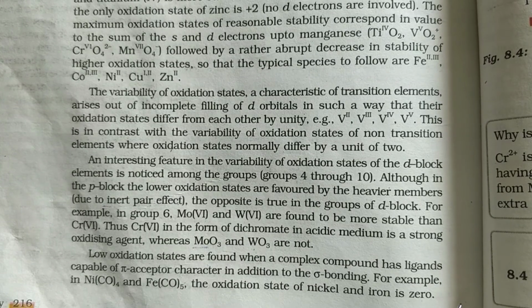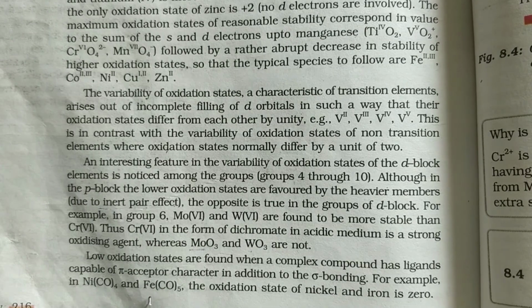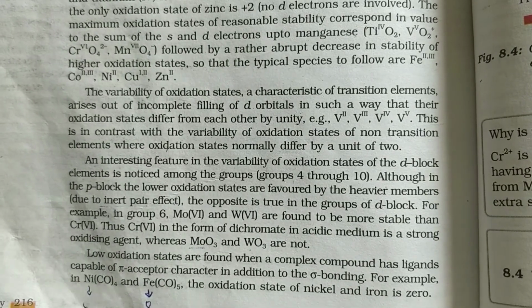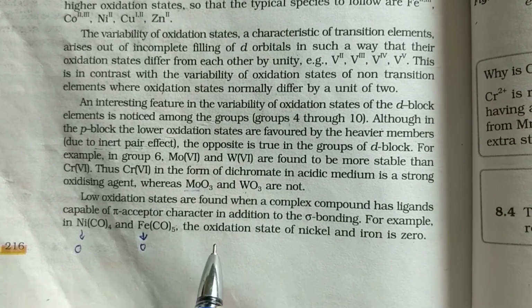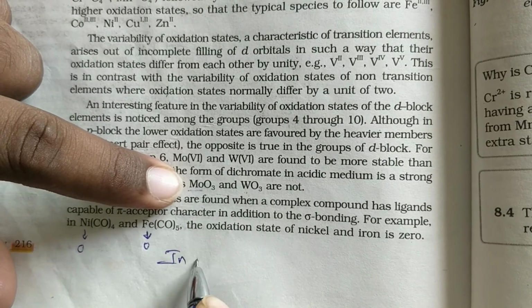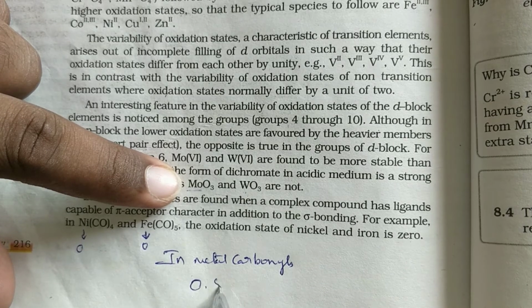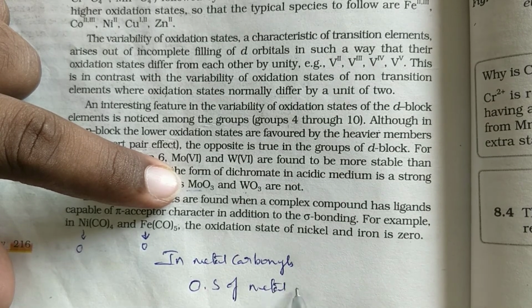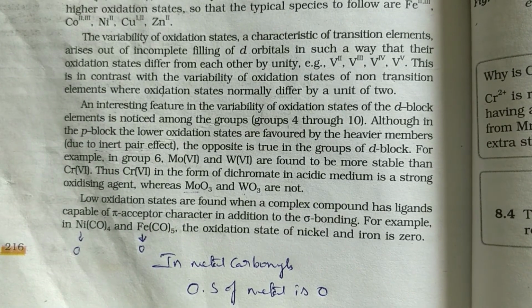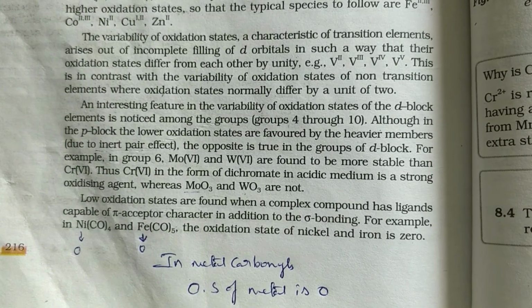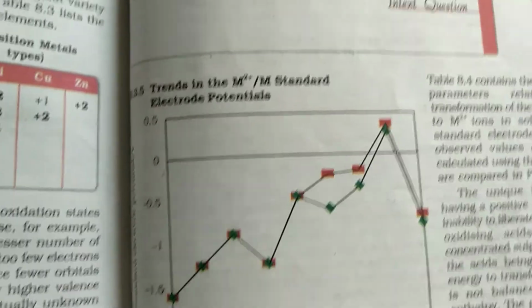In carbonyl compounds, that is metal carbonyls, the oxidation state of the metal is 0. Remember that one. However many CO groups are there, the oxidation number of the metal will be 0.